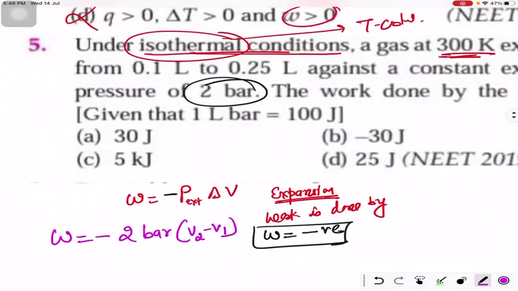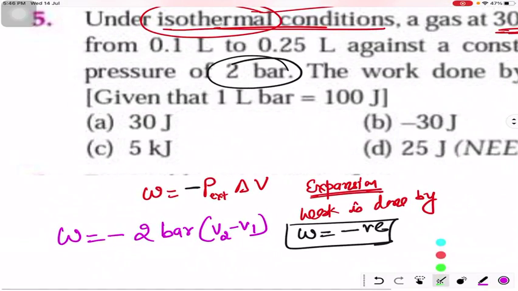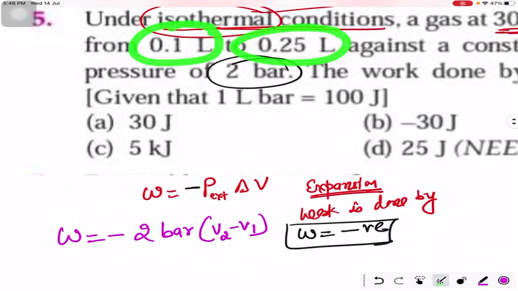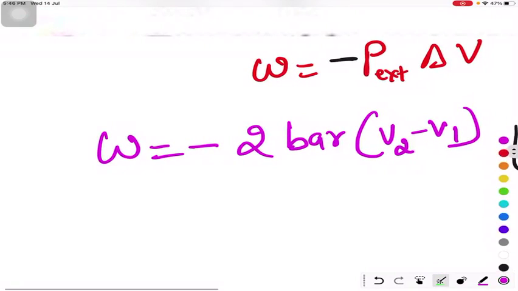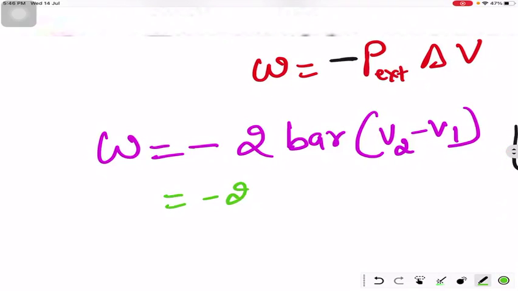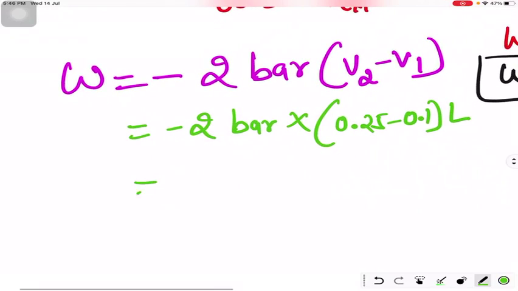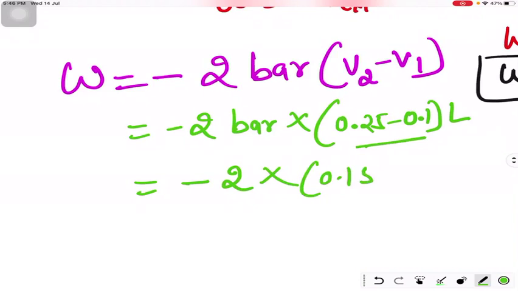We can put the values of volume from here. Initial volume 0.1 liter, final is 0.25 liters. So minus 2, and then this subtraction gives 0.15, with units bar liter.